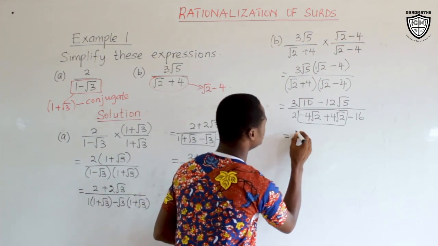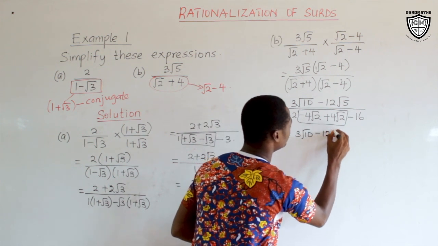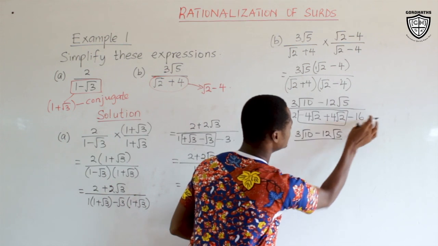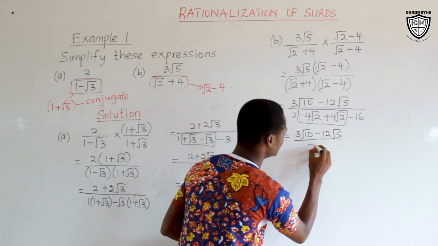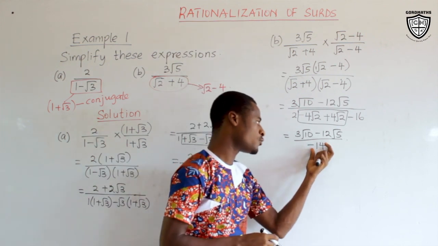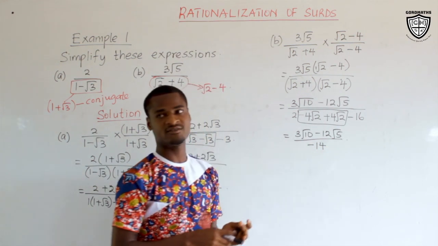Then we will come to 3 root 10 minus 12 root 5 all over 2 minus 16. That gives us negative 14. Note that once there is no more radical at the denominator, this expression has been rationalized.